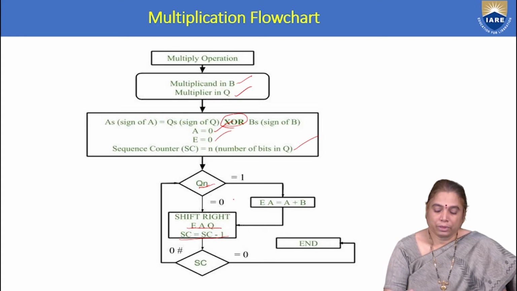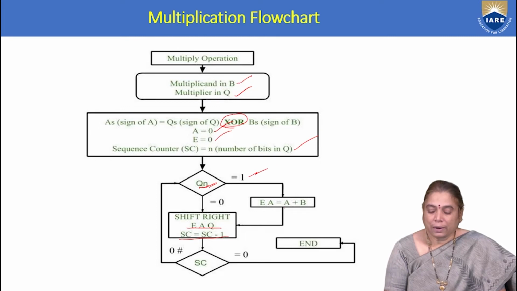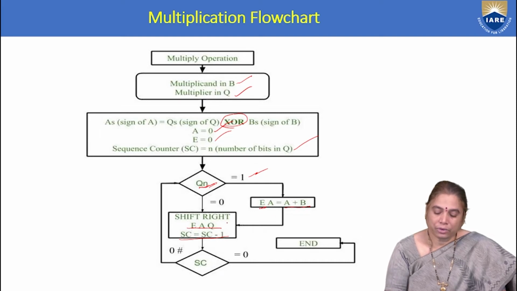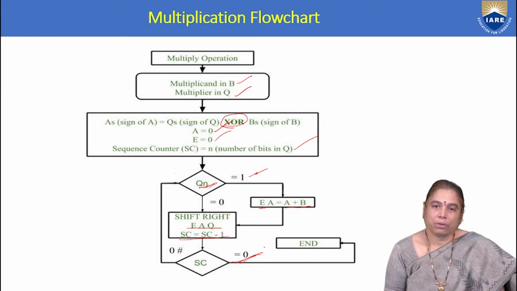In case Qn contains 1, A plus B is performed. The multiplicand is added to the A register value, and if an extra bit is generated, it is stored in E. Later, the shift right operation is performed on EAQ and the sequence counter value is reduced by 1. This process has to be repeated until the sequence counter has the value 0.